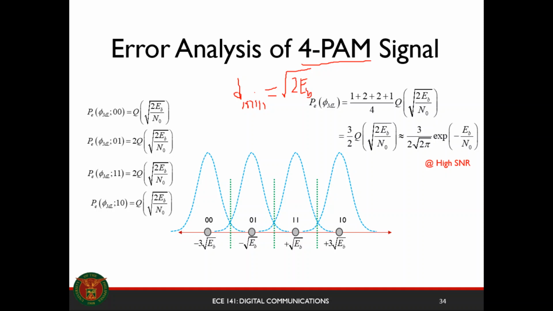This is for your PAM signals, and your probability of bit error is actually equal to Q of the minimum distance, dmin, divided by the square root of N naught, which corresponds to the standard deviation of your noise. So do well to note that.